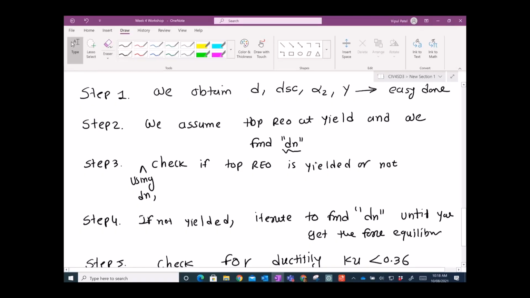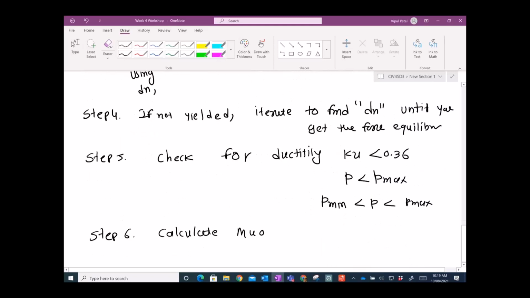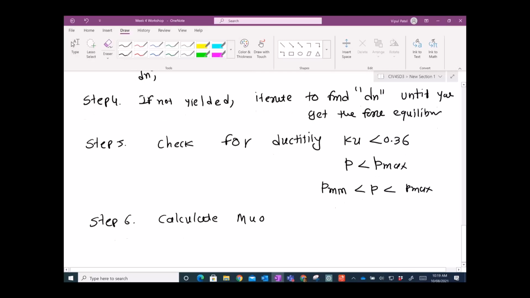Just find the DN, so we know what DN value we're going to start with. Then once you know roughly where the DN is going to sit when the steel is yielded, we can start the iterative process until you get the force equilibrium. And then once you have force equilibrium, ductility is very important, as you know, that Ku should be less than 0.36. If it's not, then you increase the depth or increase the reinforcement on the compression side and so on, and then we calculate MUO.